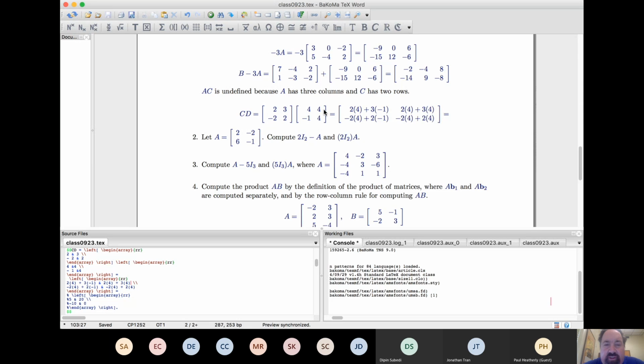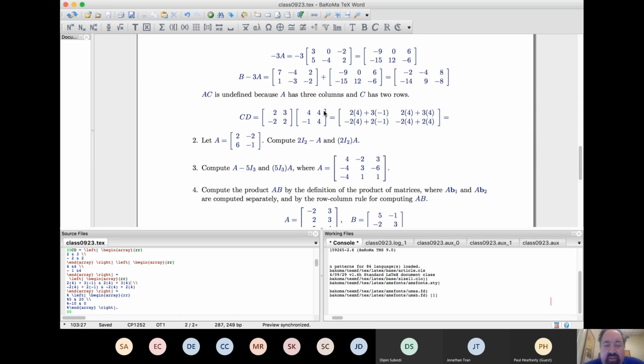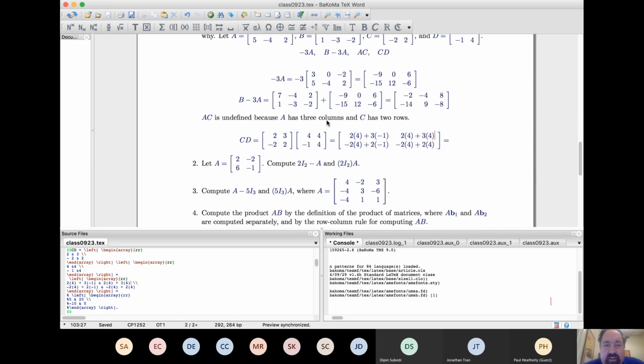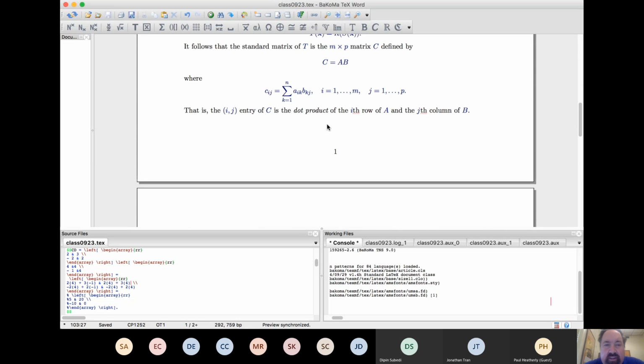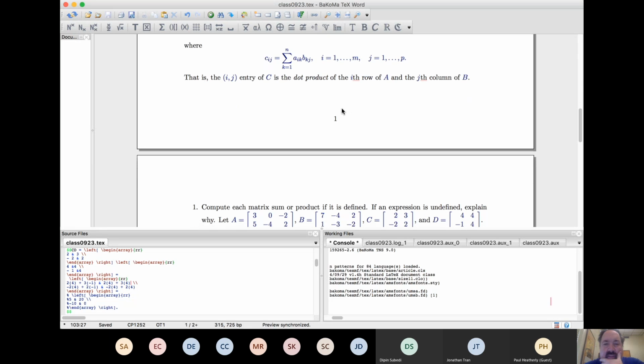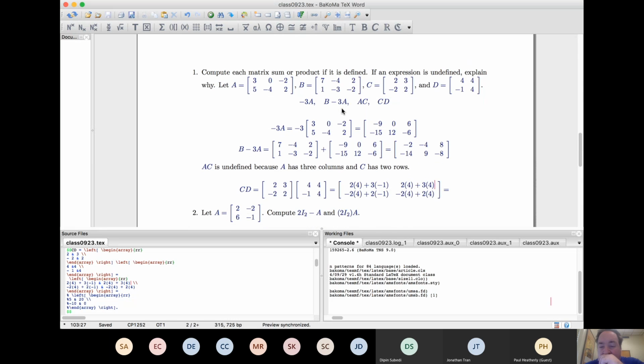And so this is an illustration of what I wrote up above. So let's go back to that real quick. If I want the entry in row I, column J of a product, then it comes from row I of the first matrix, column J of the second matrix. That's how we get each of these entries of a product one by one.